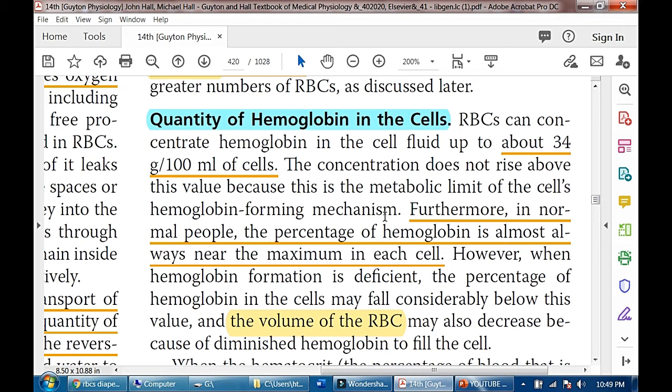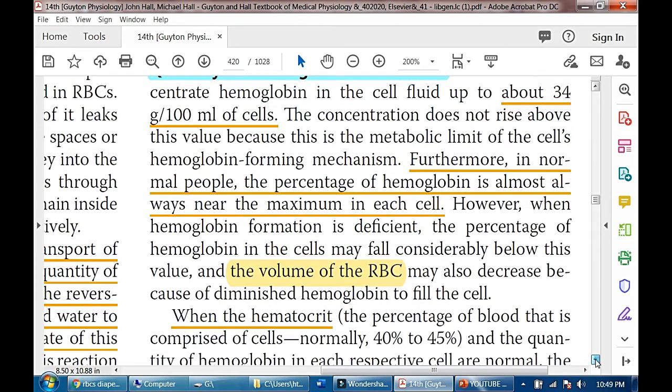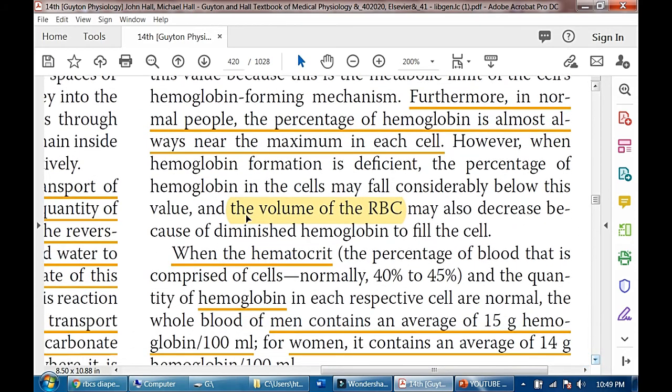The concentration does not rise above this value because this is the metabolic limit of the cell's hemoglobin forming mechanism. Furthermore, in a normal person, the percentage of hemoglobin is almost always near the maximum in each cell. And what is the maximum value? 34 gram per 100 ml of the cells.